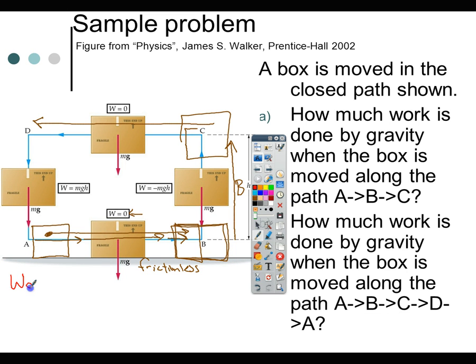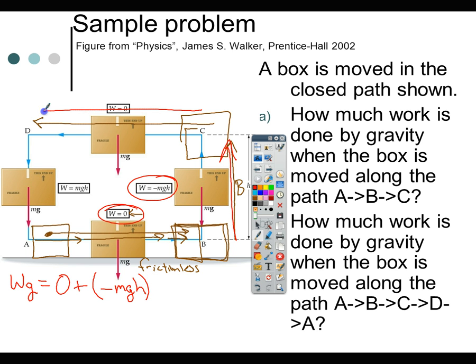We know the work done by gravity should be equal to the work that we did at A, and the work that we did at A is 0, plus the work we do along path B. So here's path B, and we notice that that is negative mgh because gravity is working against what we are trying to do.